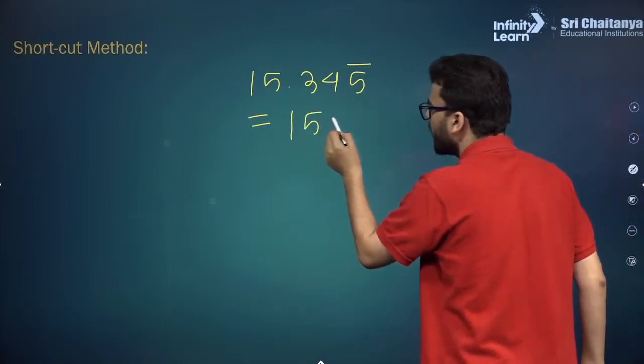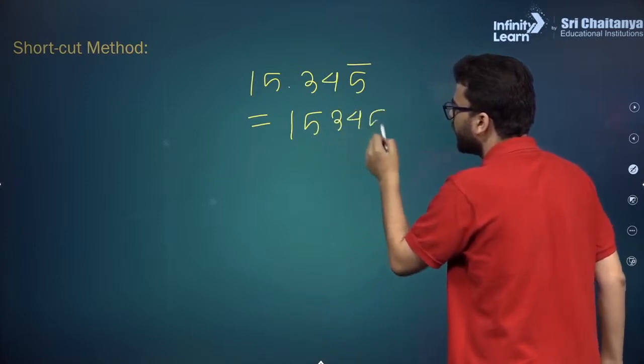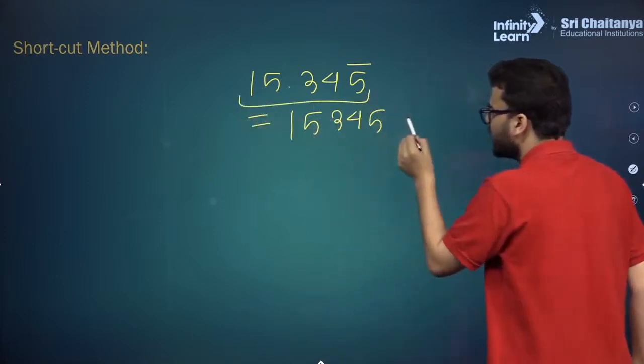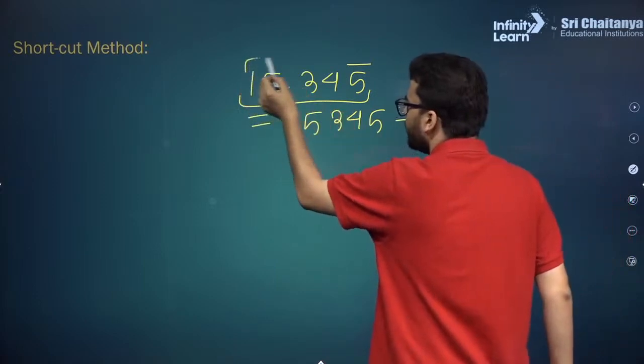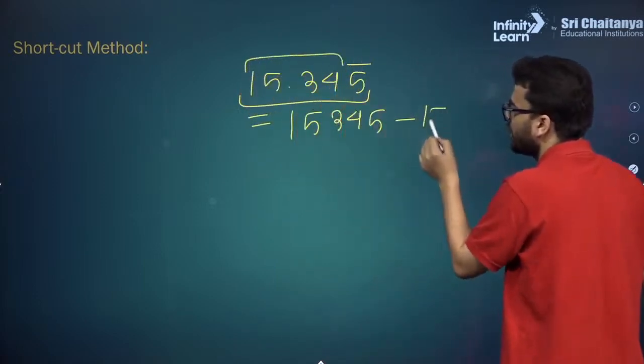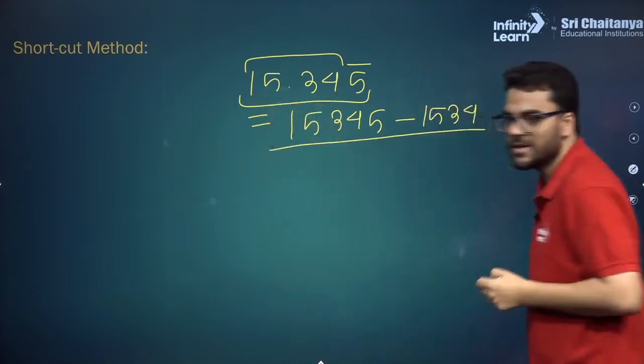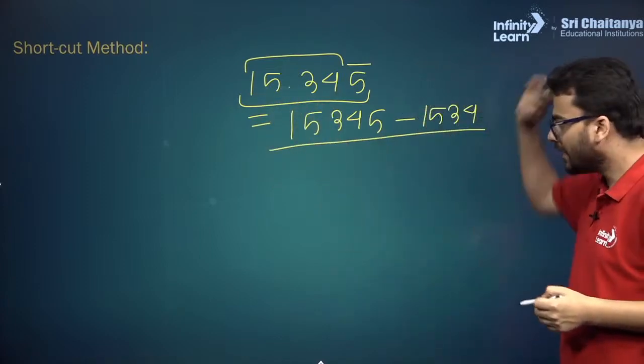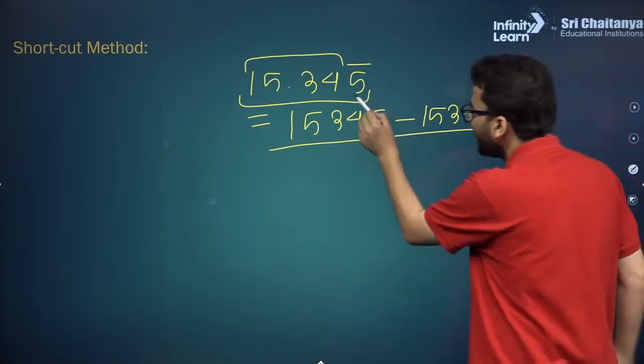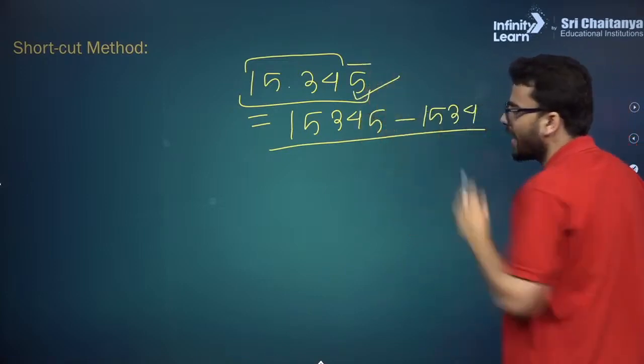Write the complete number 15345. Now subtract the number on which the vinculum is not there, 1534. Divided by as many 9s as the digits on which the bar is there.